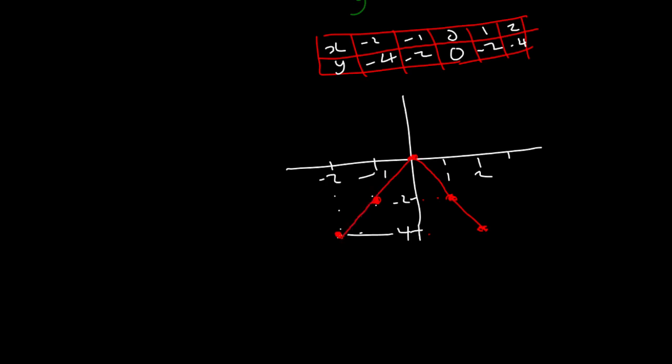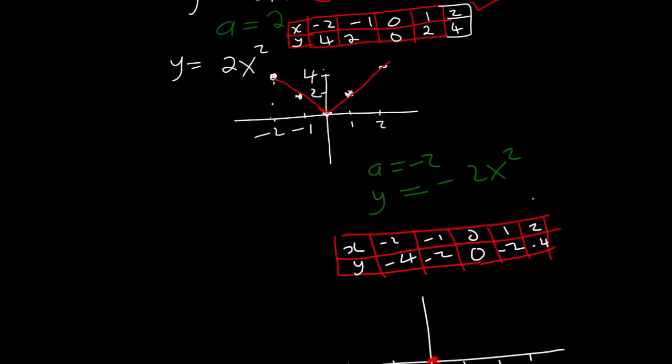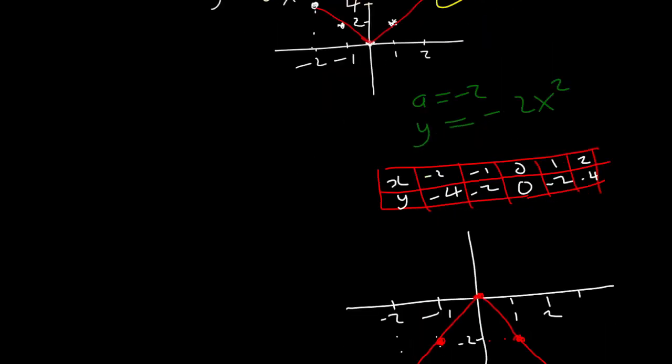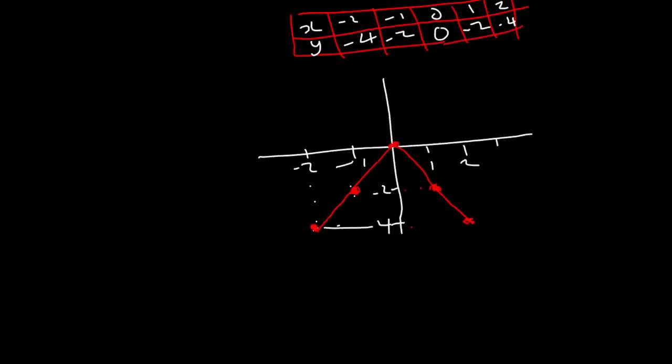We have to notice something. The graph here is facing upwards, compared to this one with a negative a, which is facing downwards. So there is something that we can conclude. When a is greater than 0, we have a minimum turning point.